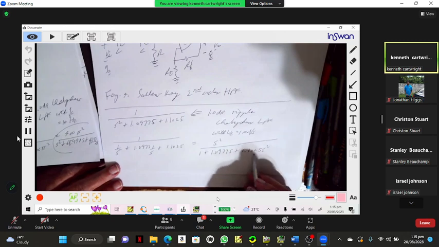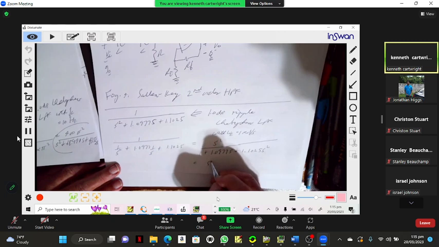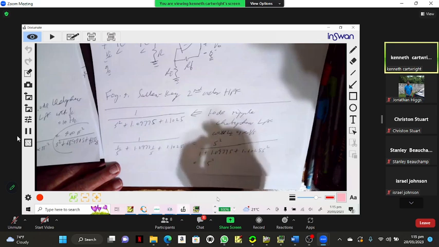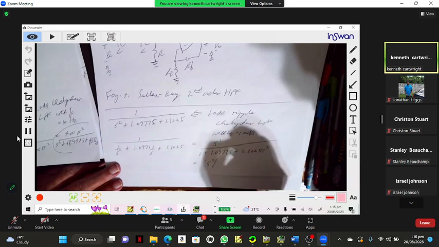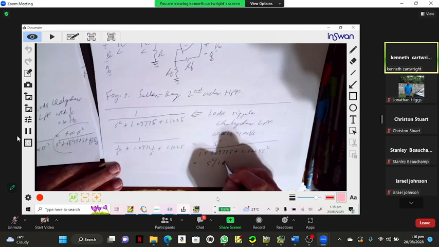Usually we like to have the coefficient of S squared on the bottom be 1. So we can divide the top by 1.1025, plus 1.0797 divided by this coefficient.